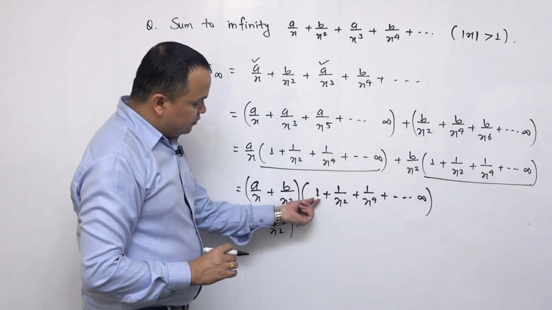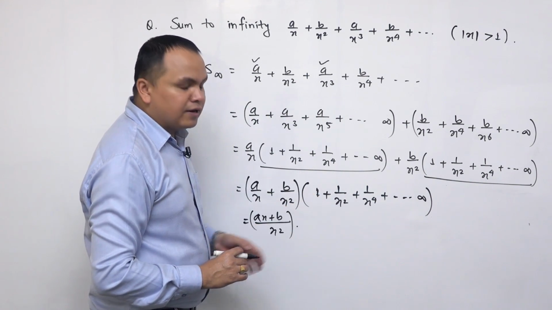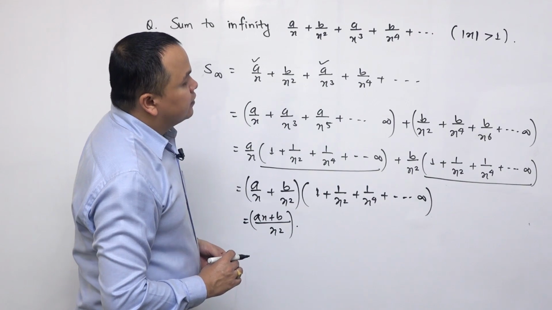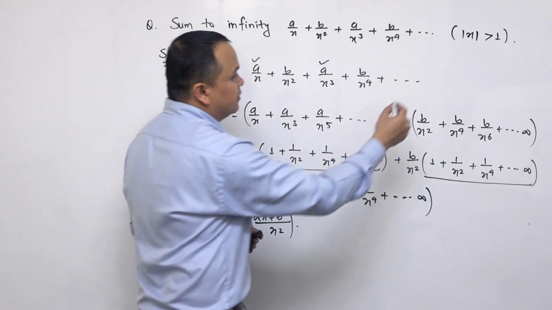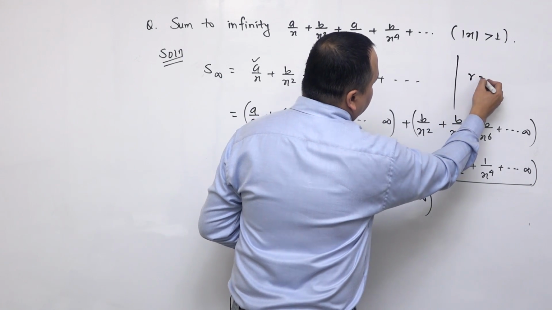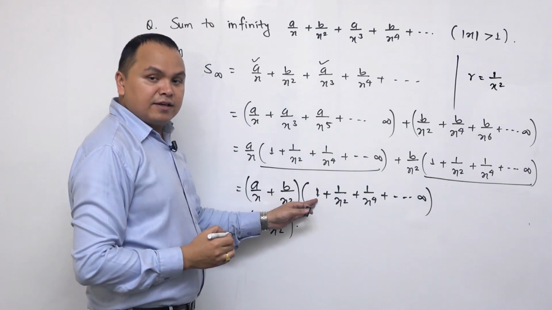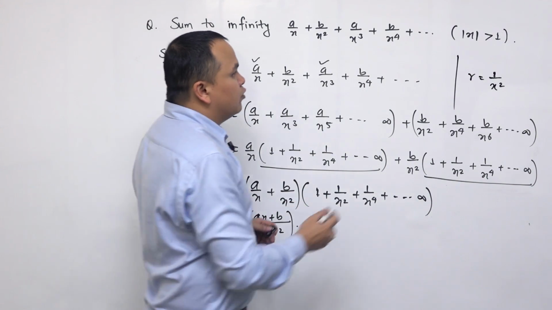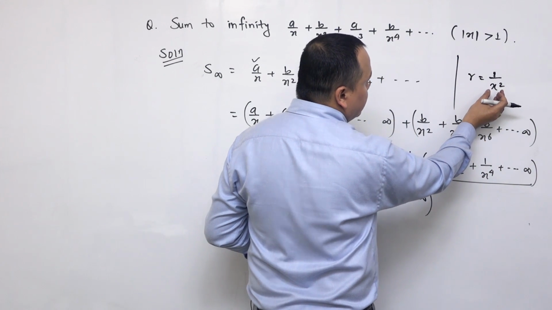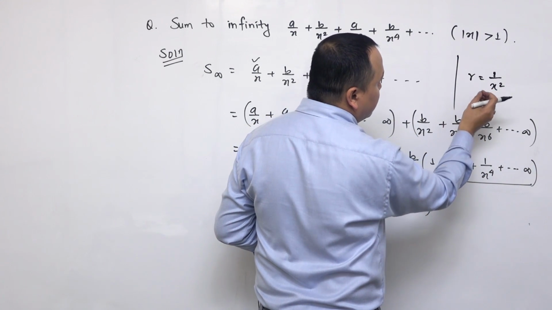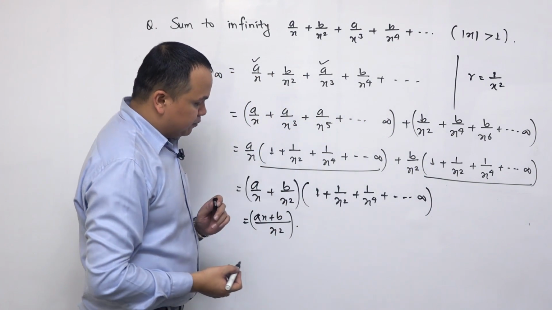And first term a is 1 and common ratio is 1 upon x square. Here given modulus of x is greater than 1, then common ratio r is 1 upon x square, because t2 by t1 gives the common ratio, and modulus of x is greater than 1, so 1 upon x square, which is less than 1, is always less than 1, so it has finite sum.